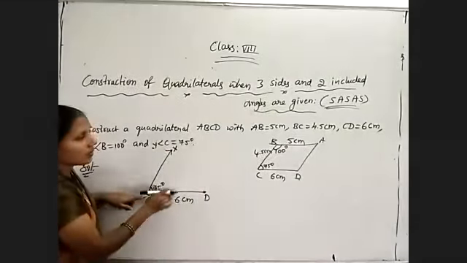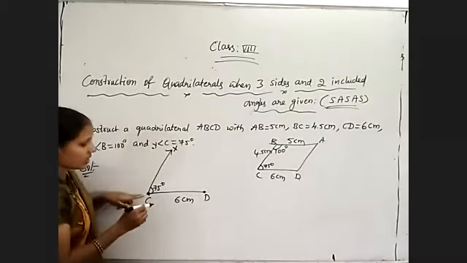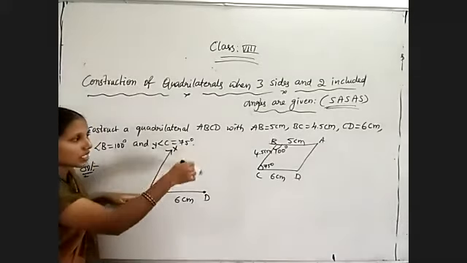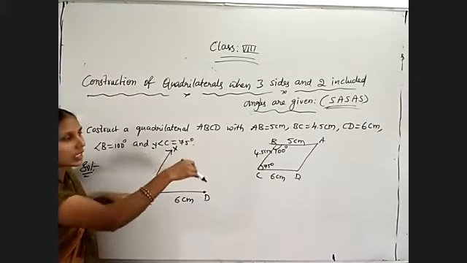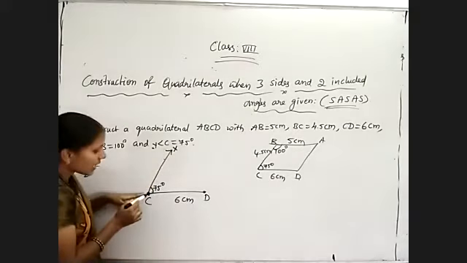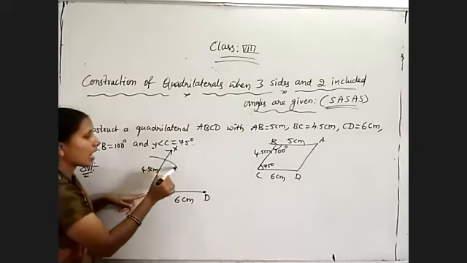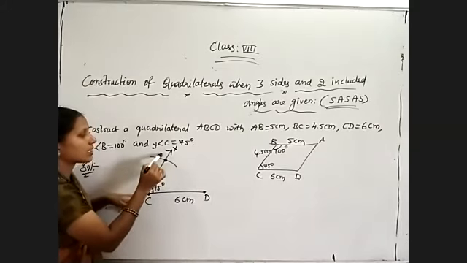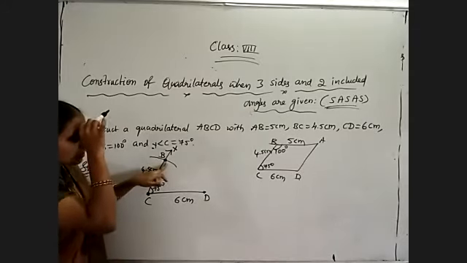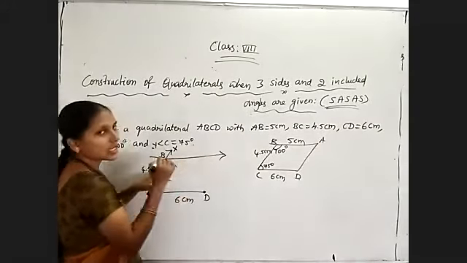Now wherever we have constructed the angle, because these two are included angles, on that side only we must draw the arc. That means we must use the length BC to get B. So BC is 4.5. With C as center and 4.5 centimeters radius, draw an arc and locate that intersecting point as B. Now at B, construct an angle of 100 degrees using the protractor.